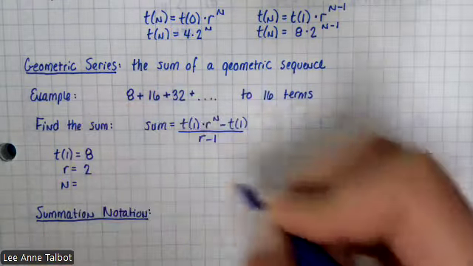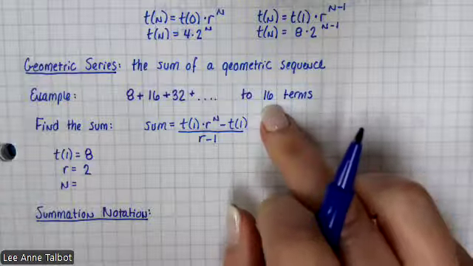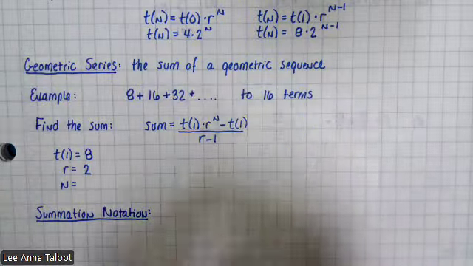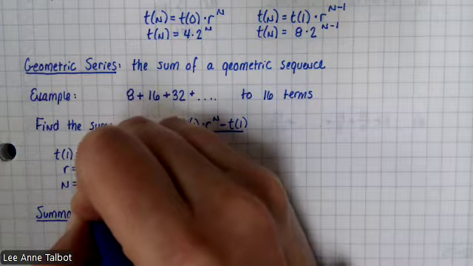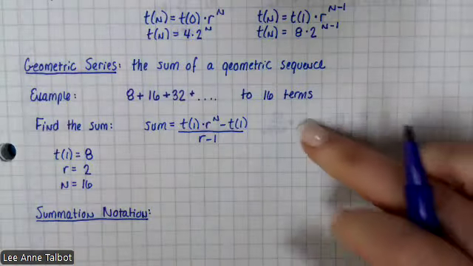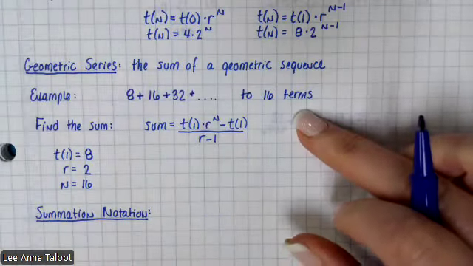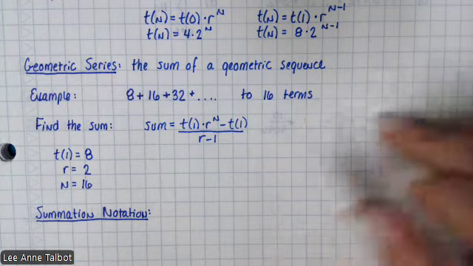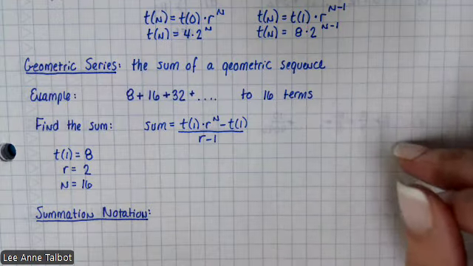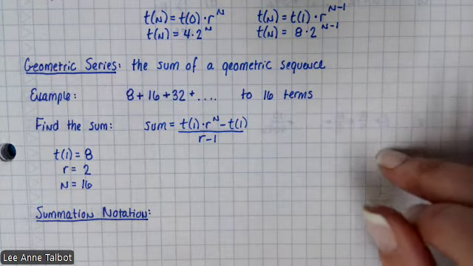Multiplier is 2. And over here it gives you n. It says add to 16 terms. Somebody like me was too lazy to write out all 16 numbers, so they just put that.